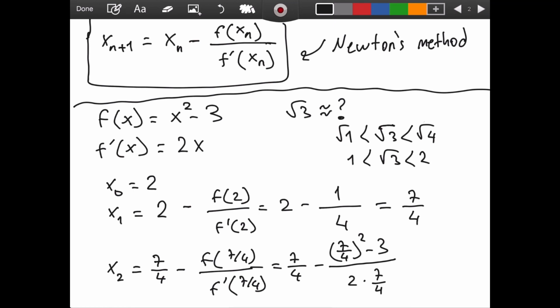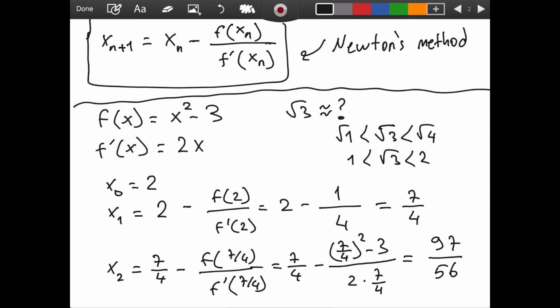Now you could work this algebraically, or you could do the arithmetic, or you could just use a calculator, which I will do now. So I am going to get my calculator. All right, I use my calculator to find that this is equal to 97 divided by 56.